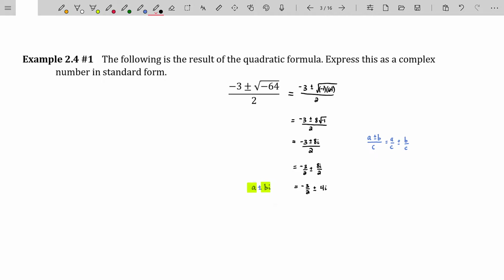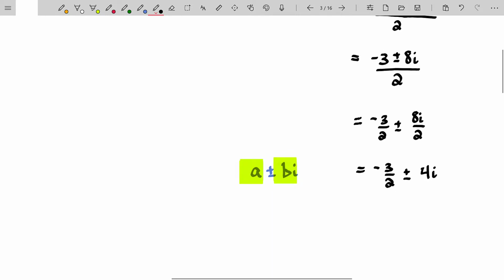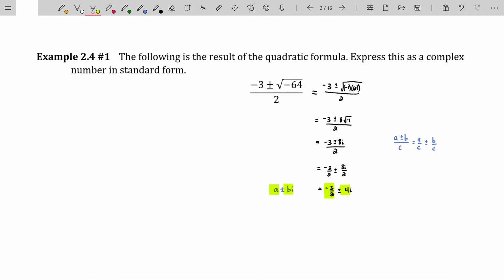Just remember, you want it as a plus or minus bi, not as a single fraction, but as a real part. In this case, the real part is negative 3 halves, and an imaginary part. In this case, the imaginary part is either plus or minus 4. All right, that's it for this video, very short. In the next video, we'll move forward and learn a little bit more about complex numbers.